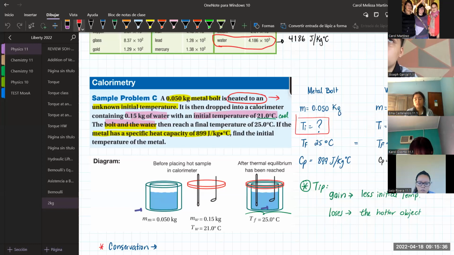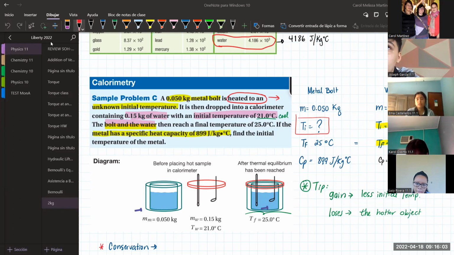Okay, so what happens with the water? What is the final temperature of the water? We can see it even from here, from the temperatures. Increased or decreased? How is the final temperature according to the initial in water? Increase. Okay, increases.